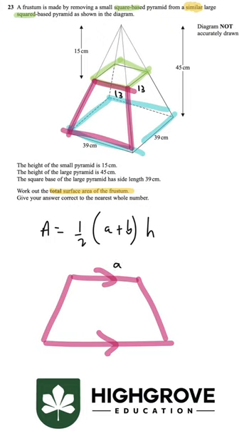A and b are the two parallel sides, and h is the perpendicular height, so the height at 90 degrees to each of those lengths. So how are we going to work out this perpendicular height? Let's show it on the diagram.